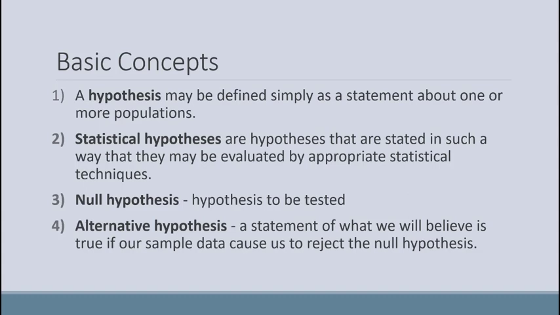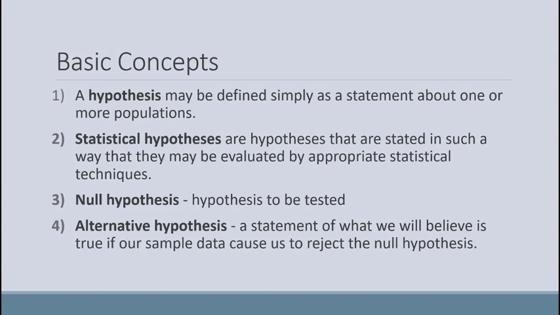Statistical hypotheses are hypotheses that are stated in such a way that they may be evaluated by appropriate statistical techniques. So there are two types of statistical hypotheses: the null hypothesis and the alternative hypothesis.